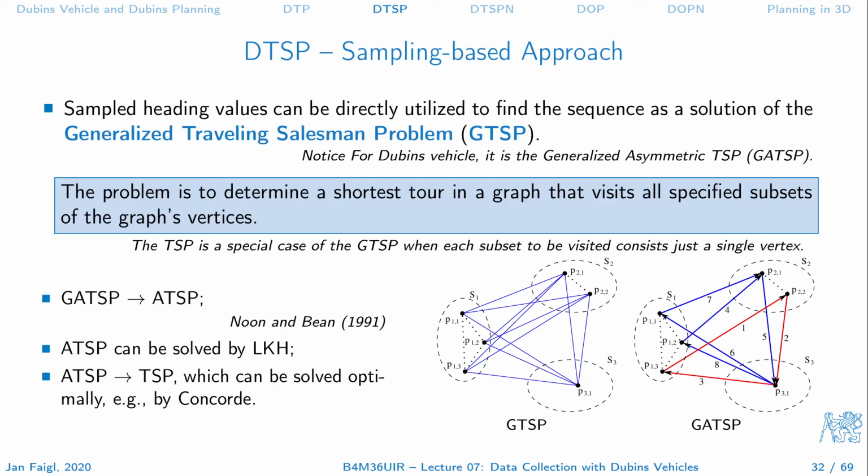So now what we can also do, we can sample the headings uniformly in this case, and consider this generalized traveling salesman problem.